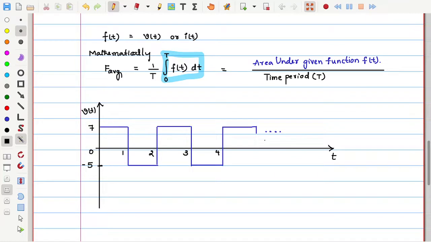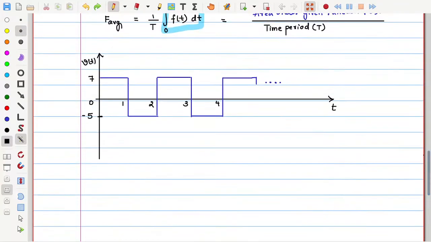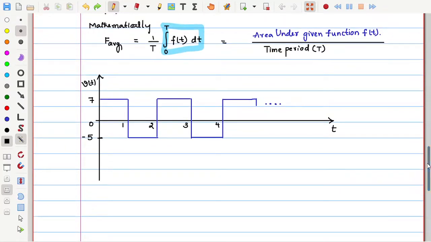Now tell me, for this given waveform, how to find the average value. First of all, what will be the function, the voltage function? How can I write this voltage function mathematically? You need to think about that.